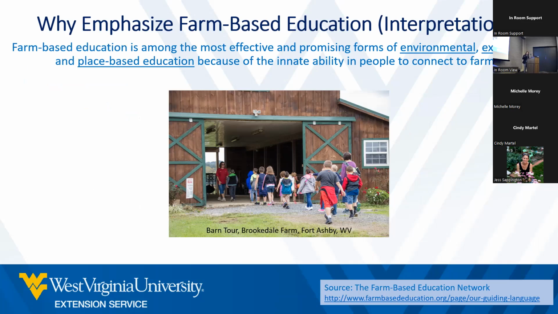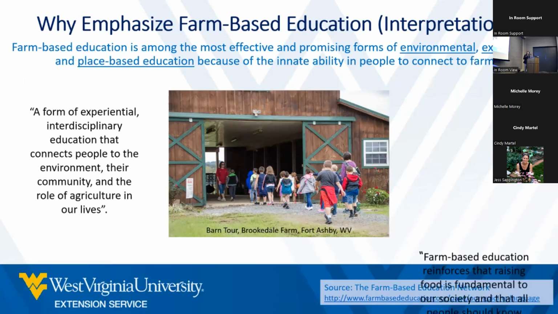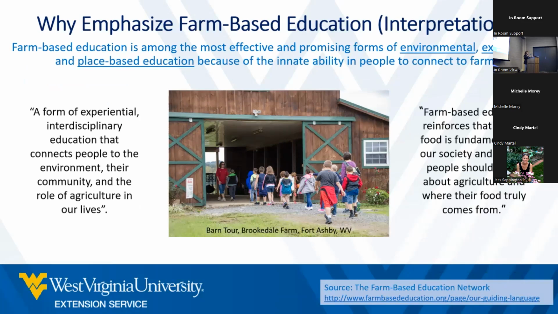In West Virginia, one of the things we really focus on, like you do here in Vermont and maybe in your countries around the world, is honing in on interpretation and the education piece. This is the thing that resonates with all our visitors, whatever age, whatever ethnicity. It is that very effective and promising form of experiential learning which agritourism is based around.